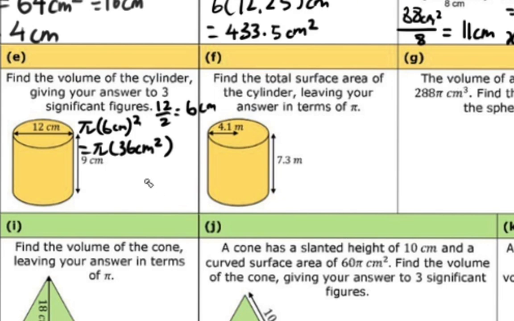So now, pi 36 cm square we need to multiply with 9 cm because of the height.